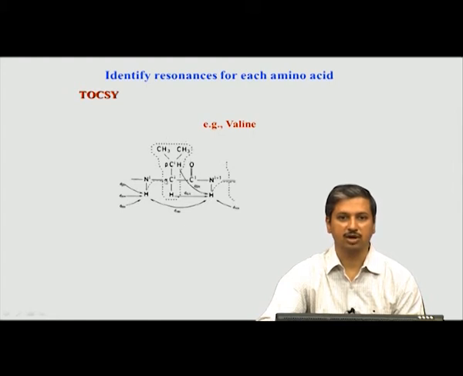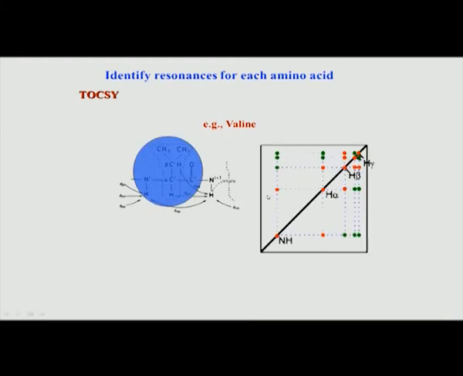For example, in valine I would expect correlations between all of its protons, but not to any neighboring amino acids. This is what is shown here. You can see this diagonal, and this is a TOCSY peak, and you can see the correlation in the TOCSY from this NH to the C alpha.